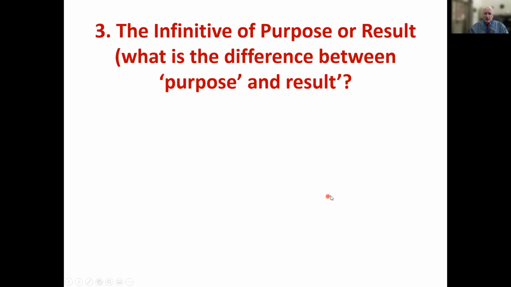To go can be purpose. He wants to go to Jerusalem. That is also, even though it is completing the thought of he wants, saying, I want to go to Jerusalem. And I should add a thought, to see Jesus.